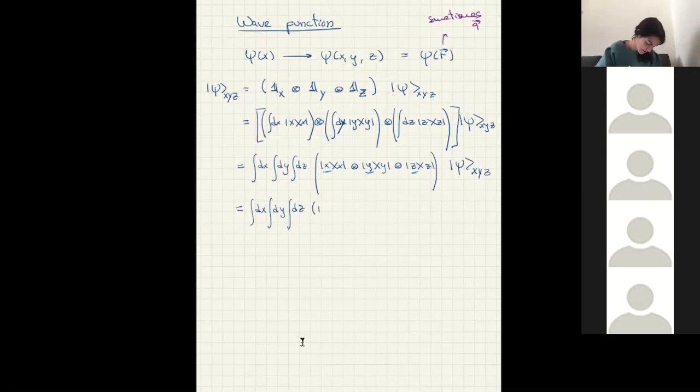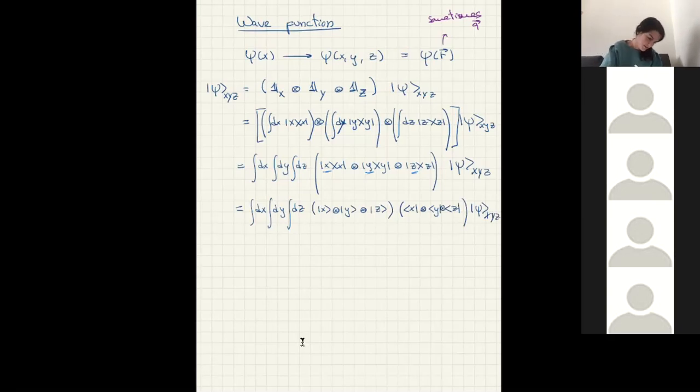So we write here x tensor y tensor z. And here's x tensor y tensor z. And this is applied on this ket, right?